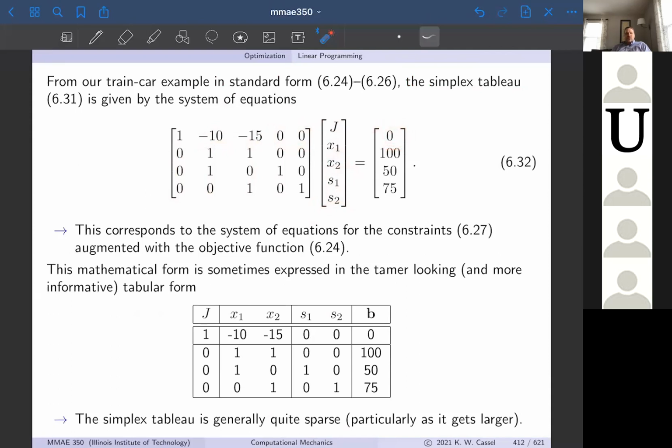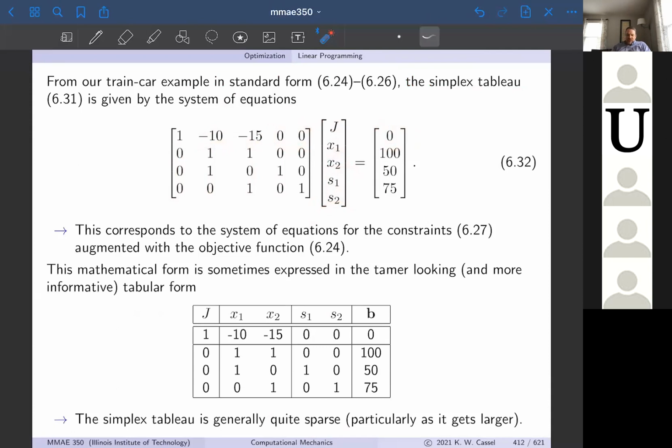That's your objective function. So the simplex tableau pulls together all of the constraints, which were inequality constraints, which are now equality constraints, plus the original equality constraints. Boy, if I can't even say it, obviously we've got bigger problems. All right, and then plus the objective function for j.